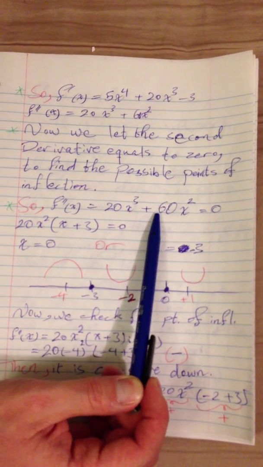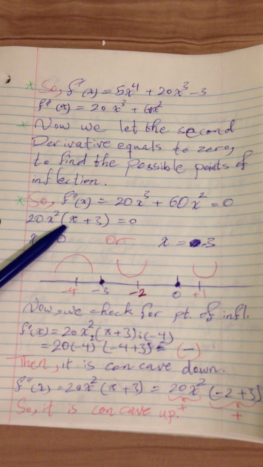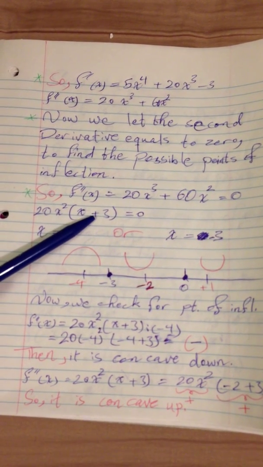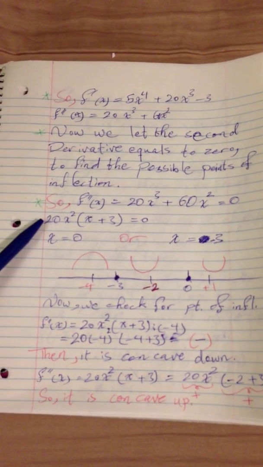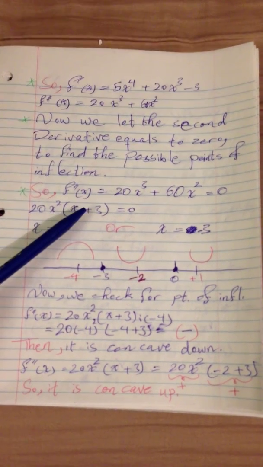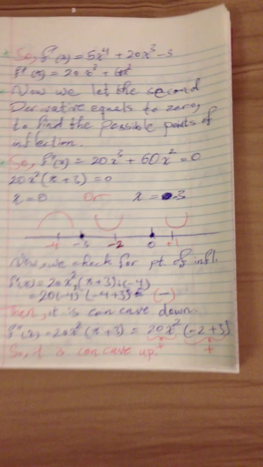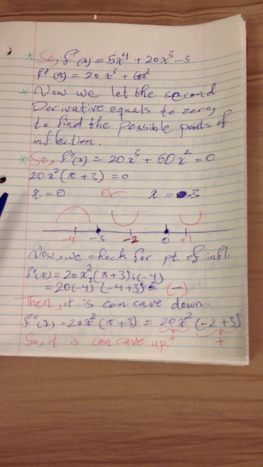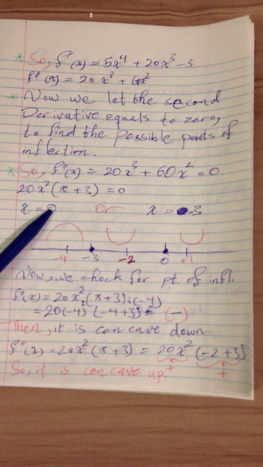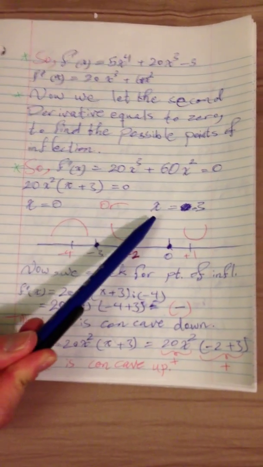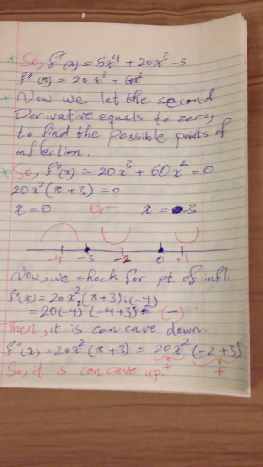So we're left with 20x squared multiplied by x plus 3 equal to 0. So it's either x equals 0 or x equals negative 3.